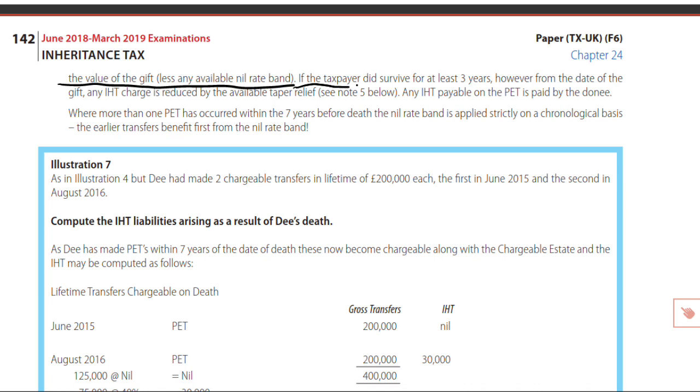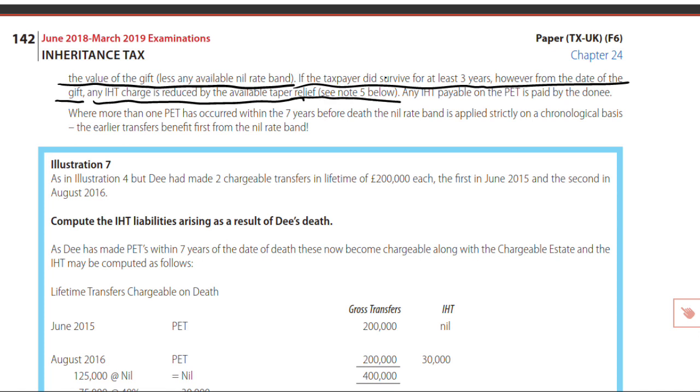If the taxpayer did survive for at least 3 years from the date of the gift, so doesn't last for 7 years, so it becomes chargeable, but if they had survived for more than 3 years, then any IHT charge, if there is any, is reduced by something called available taper relief.